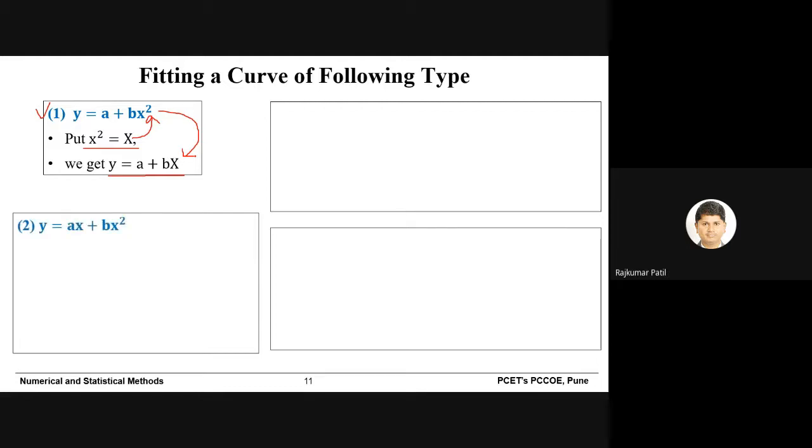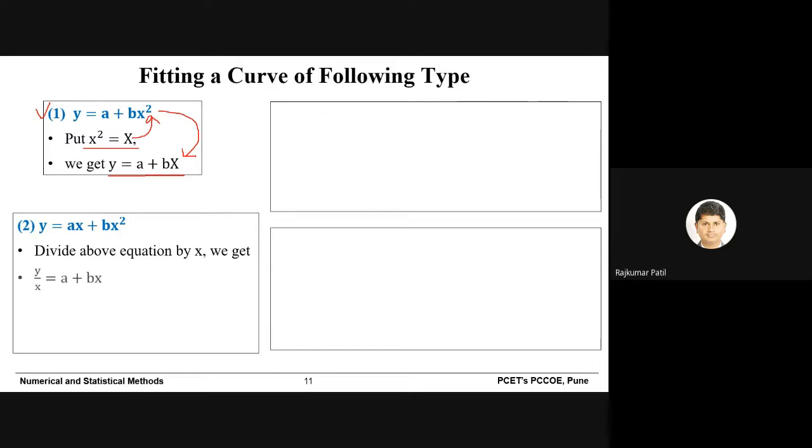Then you look at this equation, y is equal to ax plus bx square. Again, this equation also looks very complicated and doesn't look like a straight line. So what you can do is divide the above equation by x.